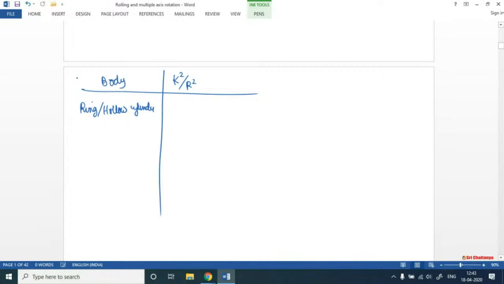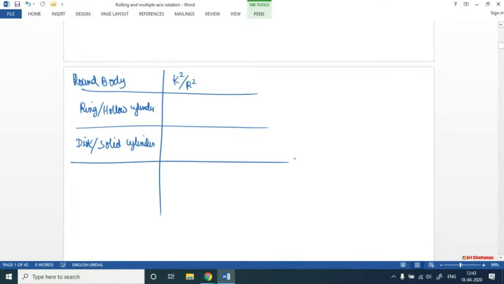This is the round body, and this is the value of k square by r square. And we can have a disc or solid cylinder, and we can have a solid sphere, and we can have a hollow sphere.